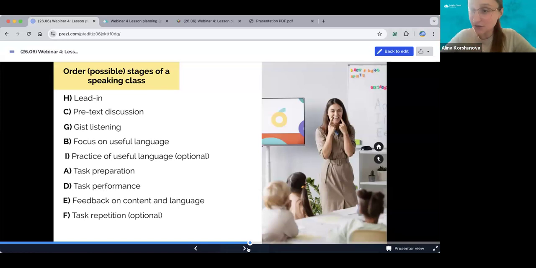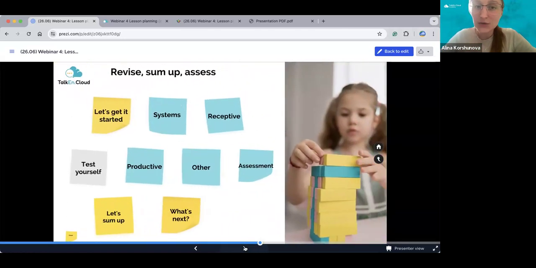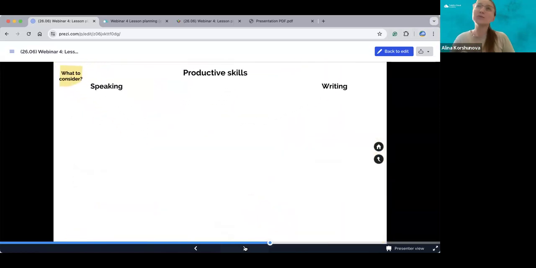We will find out the reasons now, but this is just a possible order of stages. Let me give you an explanation of each stage so that you see the reasons why I put the stages this way. So usually, how would we stage speaking and writing lessons?